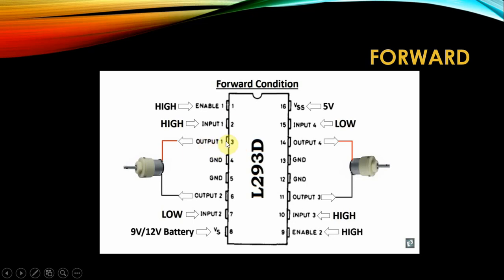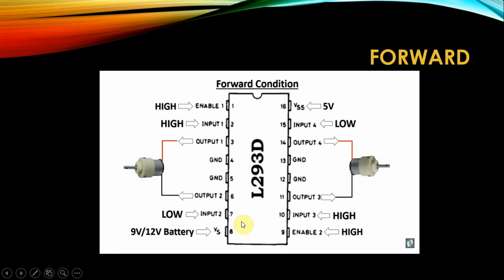So for the current to move according to the input signals, the motor should be connected. The other two ends of the motor should be connected: on the left, with output 1 and output 2, and on the right, with output 3 as well as output 4. Okay. And here grounds are provided, that is pins 4, 5 as well as 13 are grounds. Of course, when you are connecting a battery, you can connect the positive end of the battery and the ground with any of the grounds.